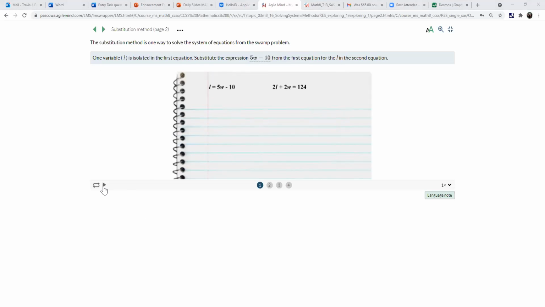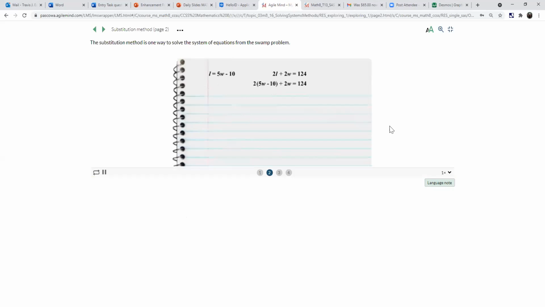So pay careful attention. All right, so you can see 5W minus 10 is L. So we substitute it for L. So now it's 2 times the quantity 5W minus 10 instead. So now all we have to do is solve this equation, which only has one variable. So let's take a look at how we do that.